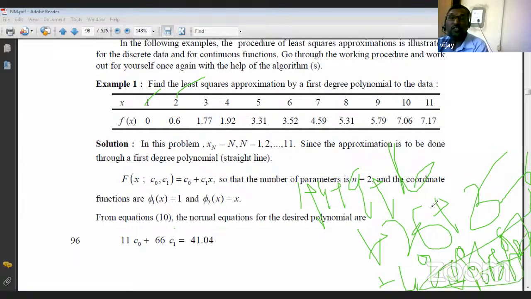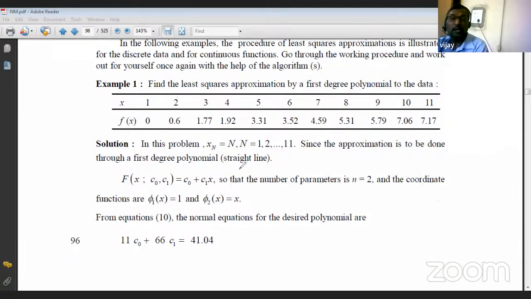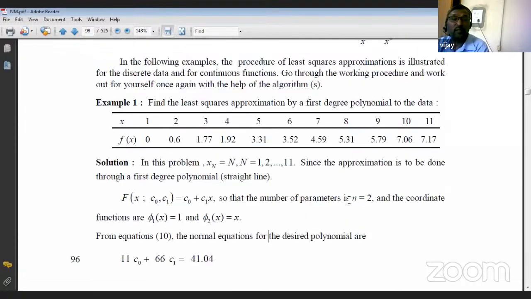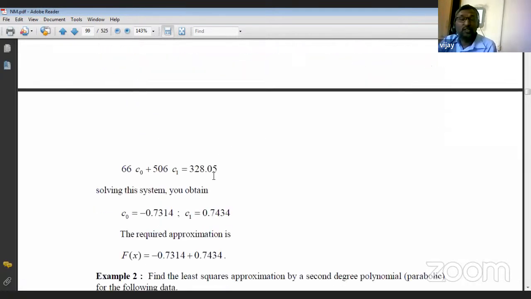These are the values, and adding them all up we can calculate here. What is the sum of x times f? It is 0 times 0, 0.6 times 2, and so on, up to 11 times 7.7. All these totals are 328.